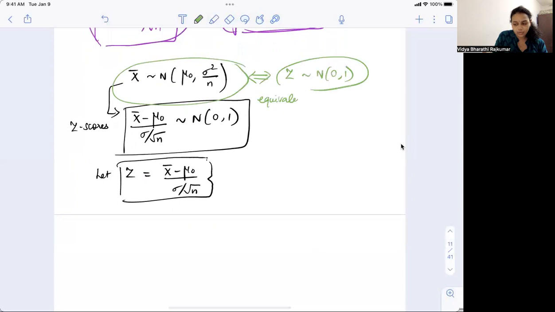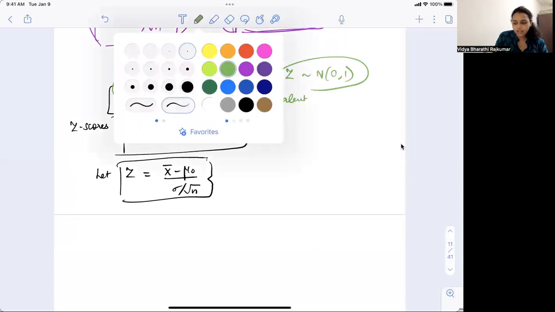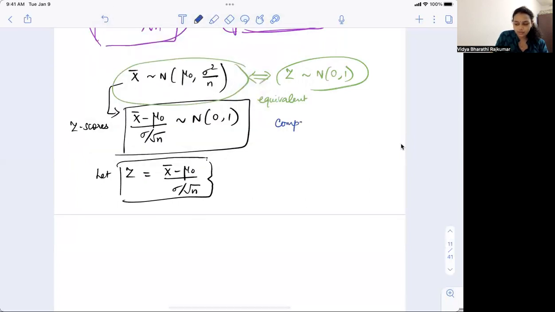And when they become equivalent, comparing x bar with mu naught is equivalent to comparing z with its mean 0.